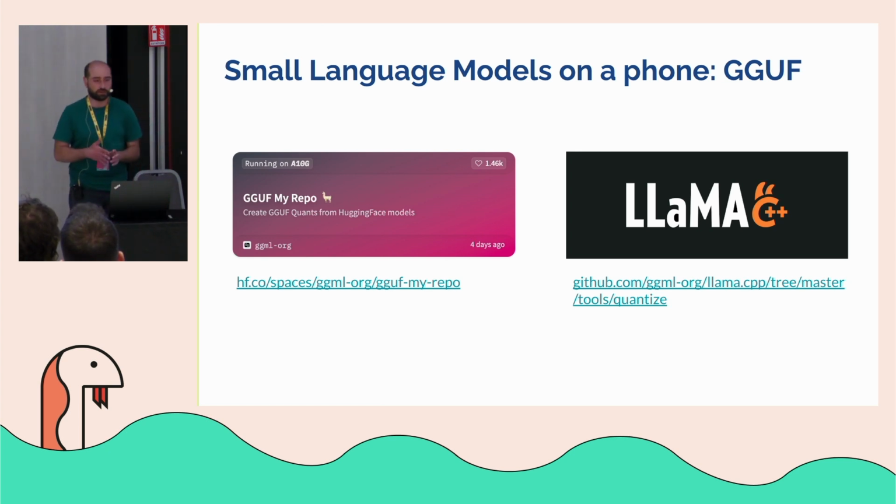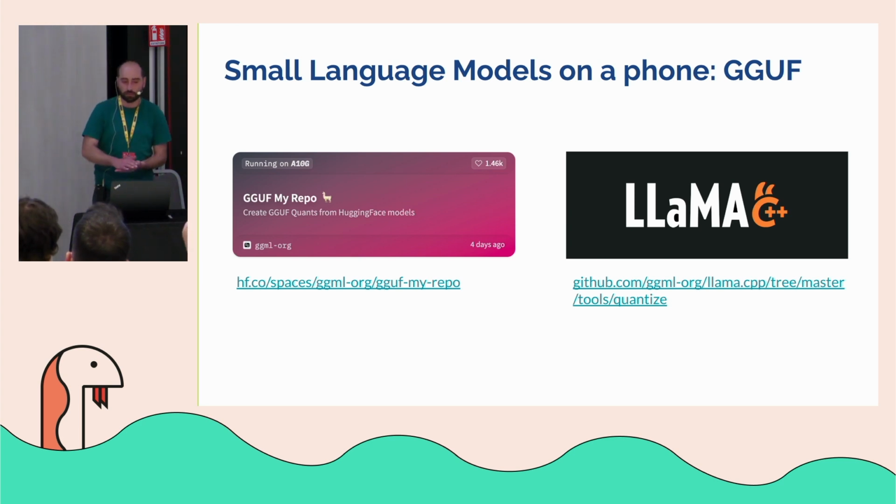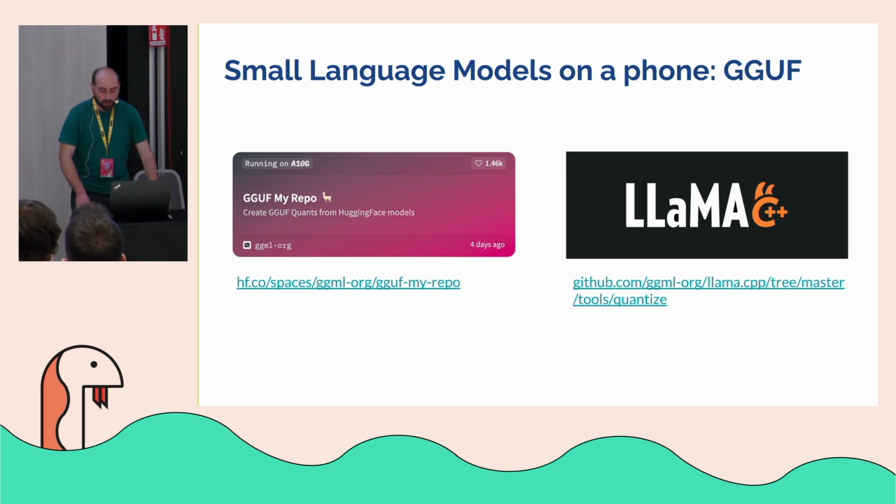GGUF is a format from Georgi Gerganov, the creator of Llama CPP. And when you have a model in GGUF format, it runs on CPU only. If you have a GPU, this is better, but it can also run on CPU.